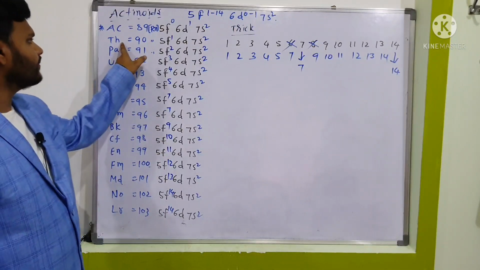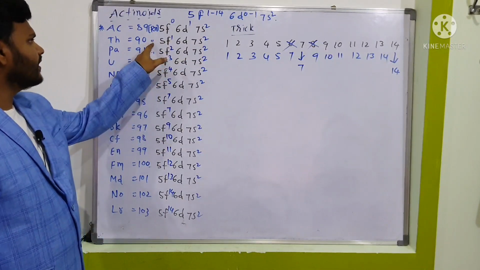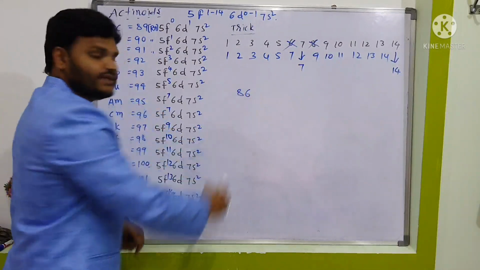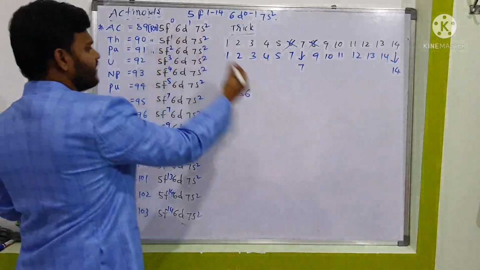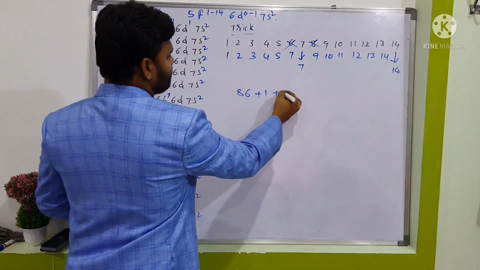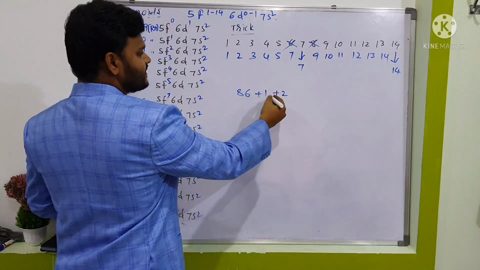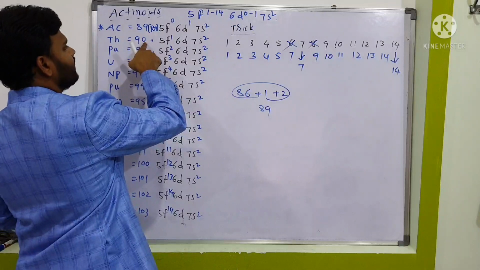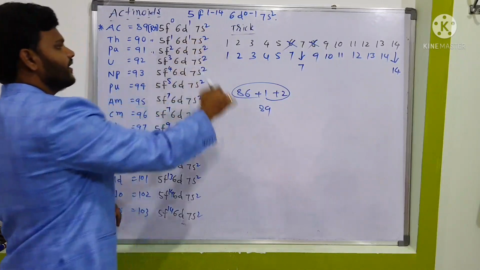Next, thorium. Here radon, 86. So here f 1 electron, next s 2 electrons. So 86 plus 3, 89, but here the atomic number is 90, that means you have to write 1 here.